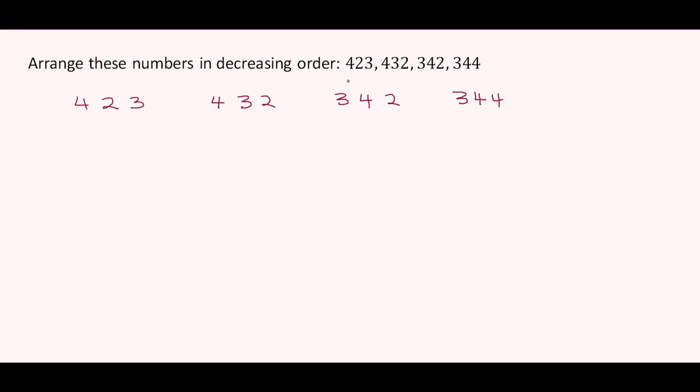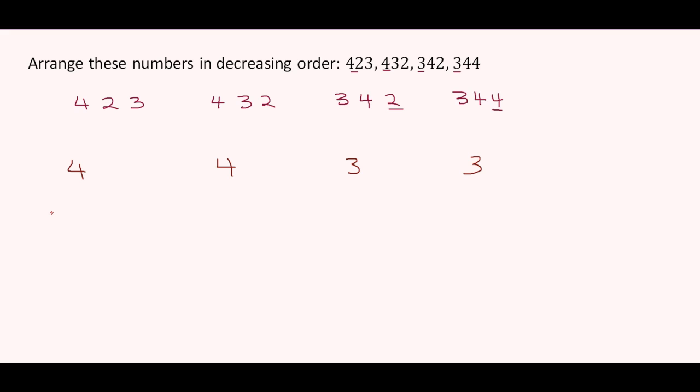If we look at the first digits here, we have 4, 4, 3, and 3. We will start with the ones that have a 4, because we want to go from the greatest to the smallest.